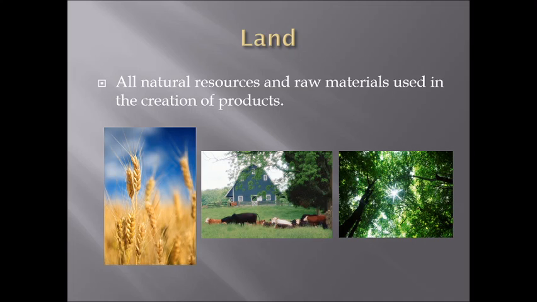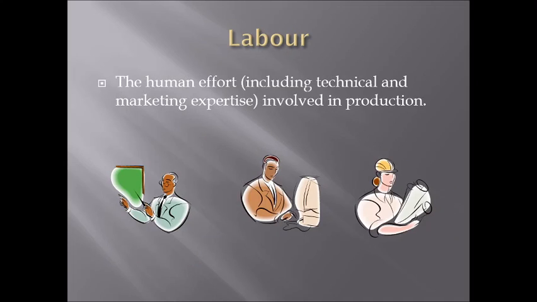So land and natural resources are pretty much, for the most part, useless just sitting there. So you need to have something that actually processes it and turns it into something. So that leads us to our next factor of production, which is labor, which is the human effort, including technical and marketing expertise, which is involved in production.